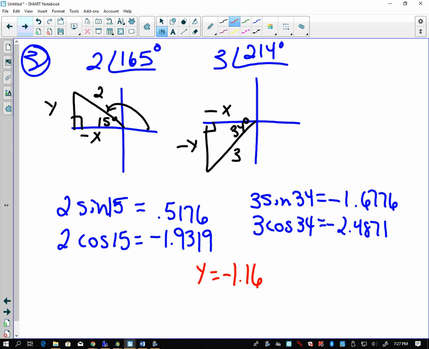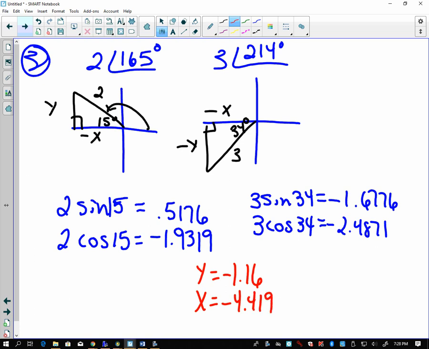Okay, negative 1.9319 plus negative 2.4871 gives me an x value of negative 4.419.